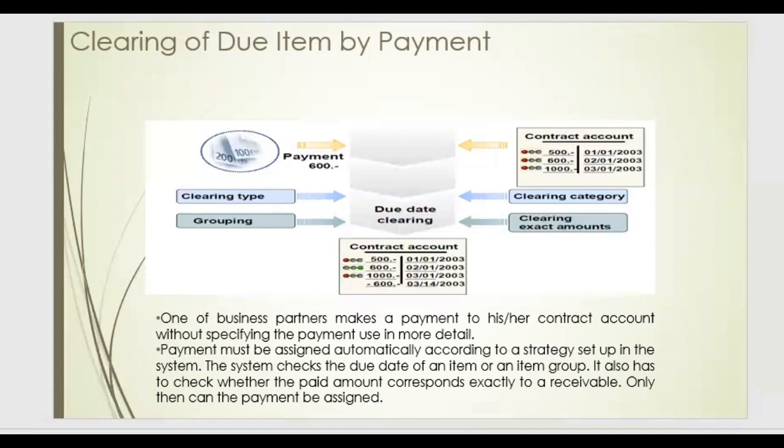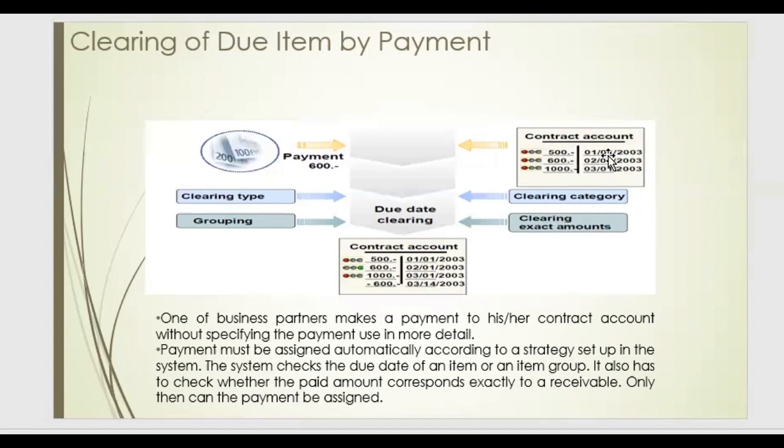You can see there are 4 line items here: clearing type, grouping, clearing category, and the exact amount to be cleared. They give one example where the payment item is 600 and the contract account has 500, 600, 1000. There are 3 entries here, and as I mentioned, prioritization is happening.